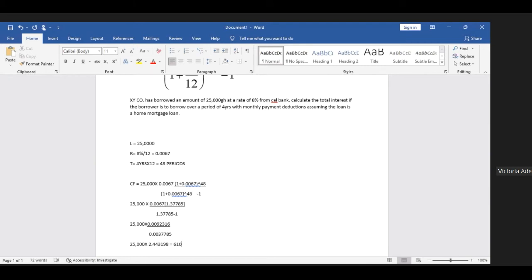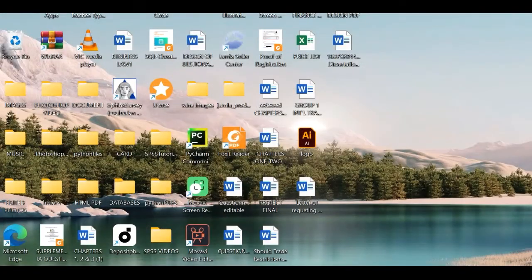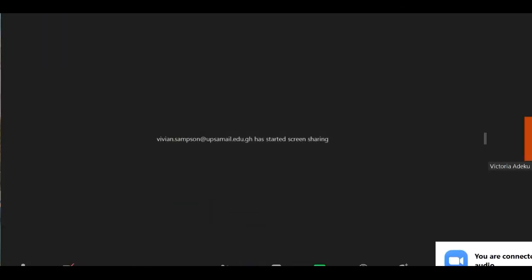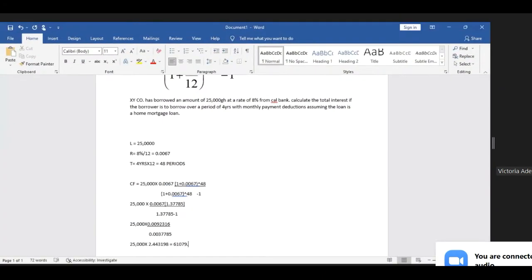We have to keep it at 3 decimal places. That is the 25,000 times 0.009 over, to give us what? 600.